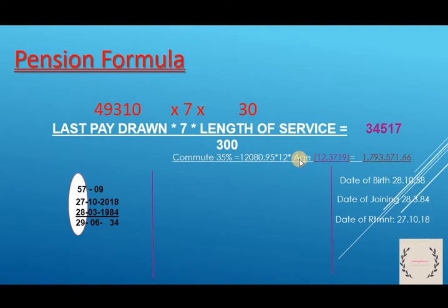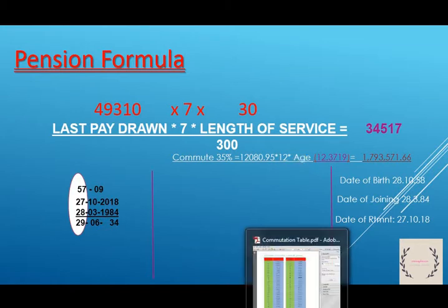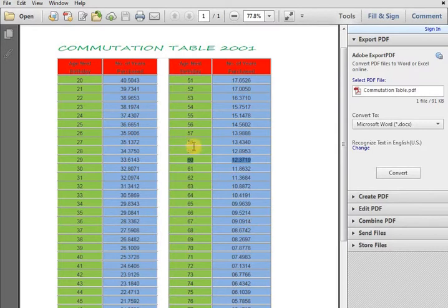As I told you earlier that we have a commutation table of 2001, according to which each age column has a different rate for itself. So here it is 60 years. This guy is retiring at 60 years.